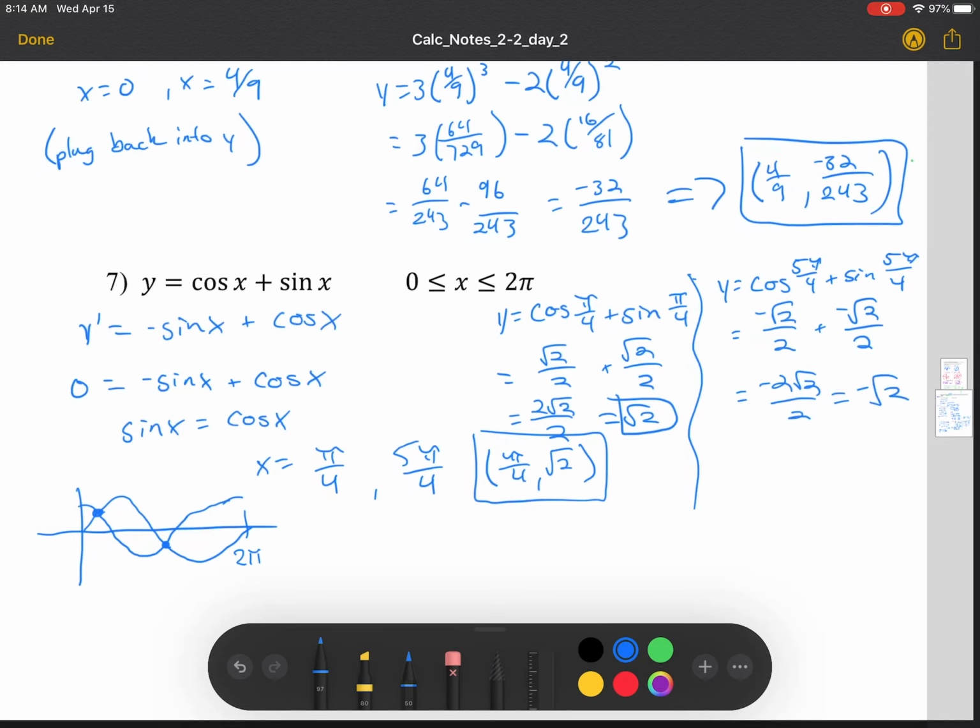It's going to equal negative 2 square root of 2 over 2. It's going to equal a negative square root of 2. Okay, so for this one we have 5 pi over 4, negative square root of 2. Those are your two answers. And that's it.